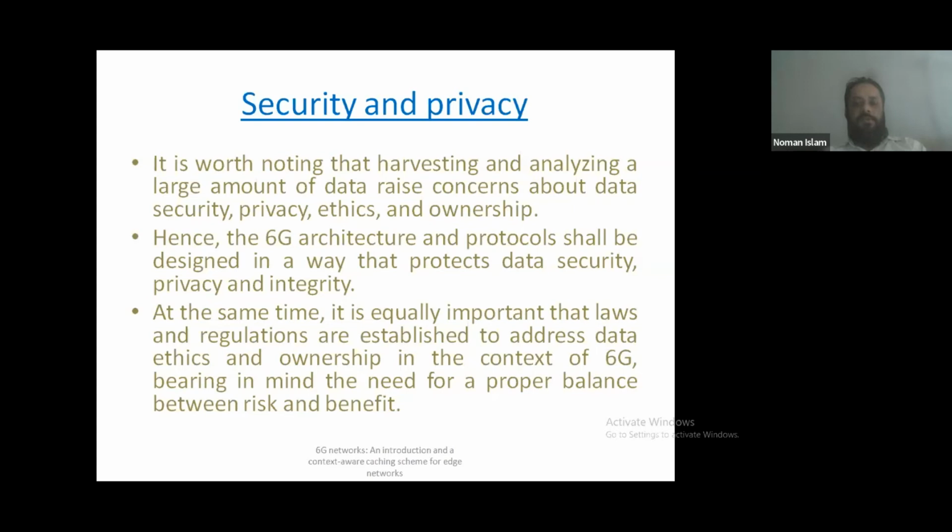So we need some policy to handle the data privacy issue and data integrity issue. The laws and regulations must be developed to address data ethics and ownership issues in the context of 6G. So there must be a proper balance between risk and benefit.